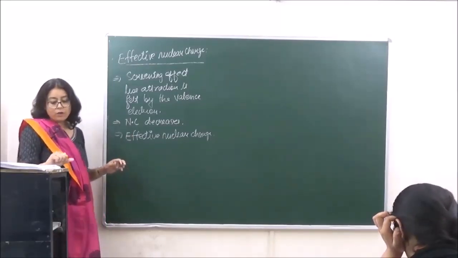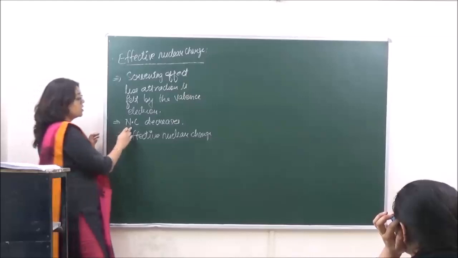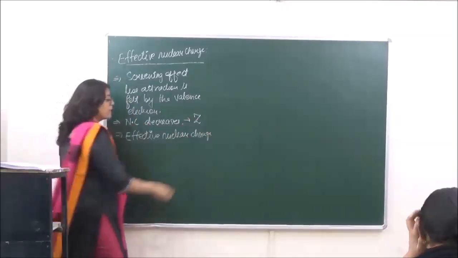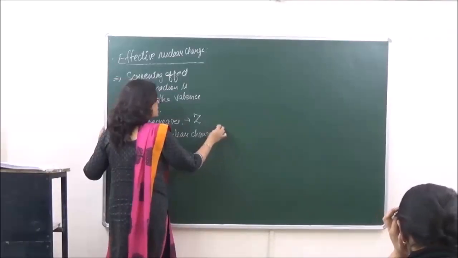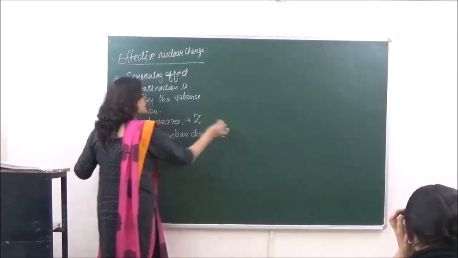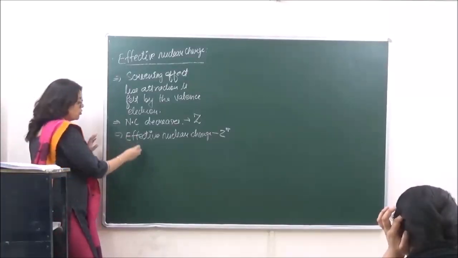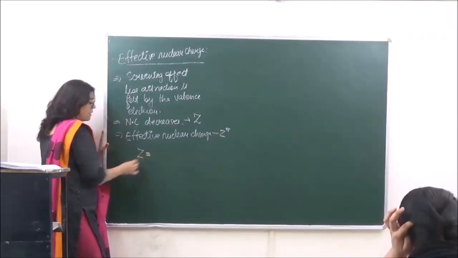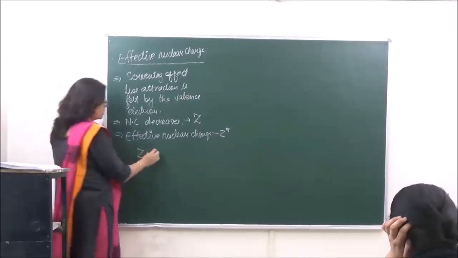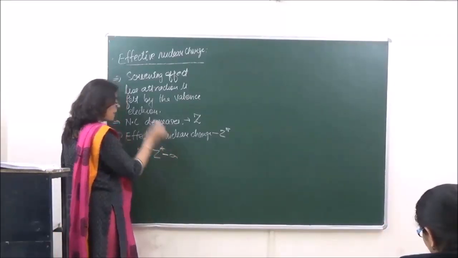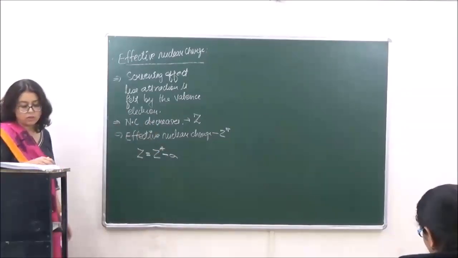The nuclear charge is represented by capital Z, whereas effective nuclear charge is represented by Z star. So Z star is equal to the nuclear charge minus the screening constant.